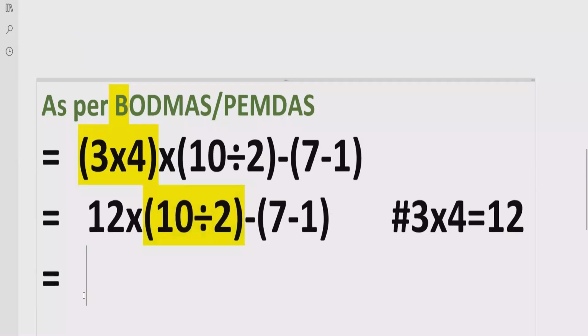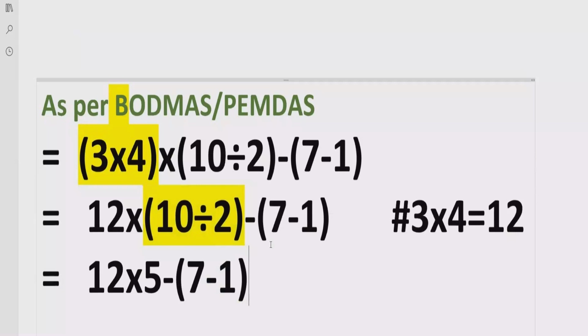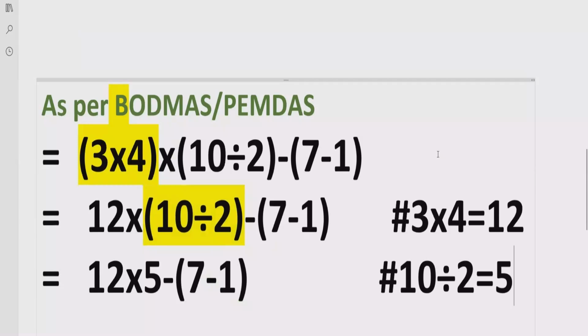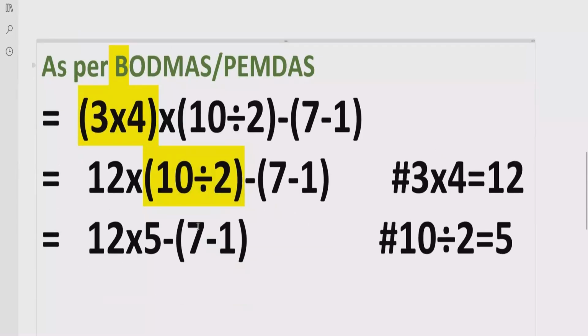So we will write 12 multiplied by 10 divided by 2 equals 5. And this thing like 7 minus 1, we will write as it is. So here we will write 10 divided by 2 equals 5.